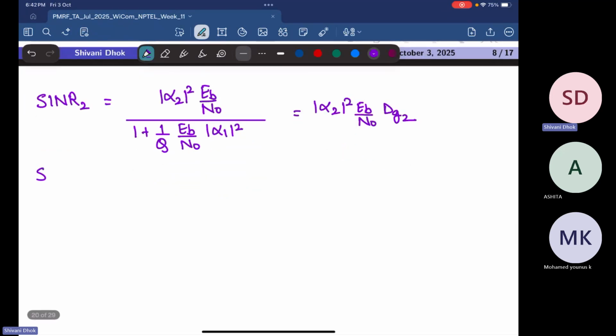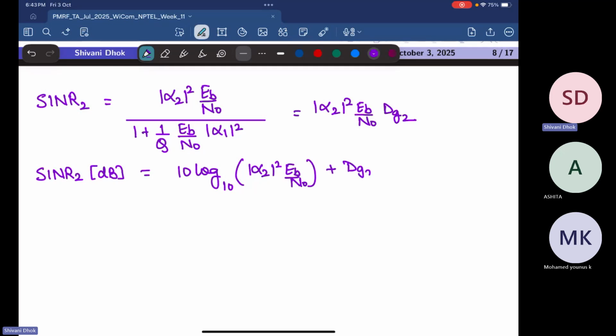This is linear scale. So your SINR2 in dB scale comes out to be equal to 10 times log to the base 10 of magnitude of alpha 2 square EB by N naught, plus DG2 in dB.